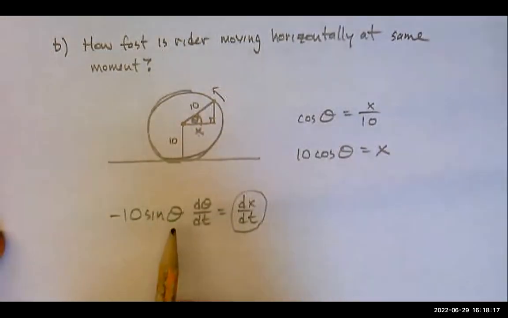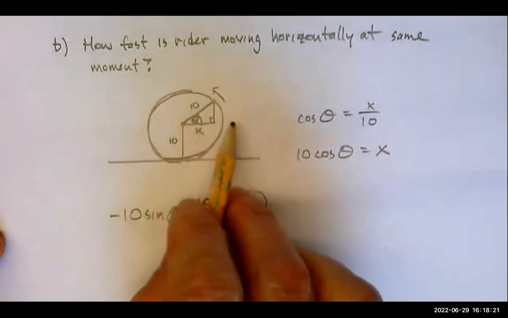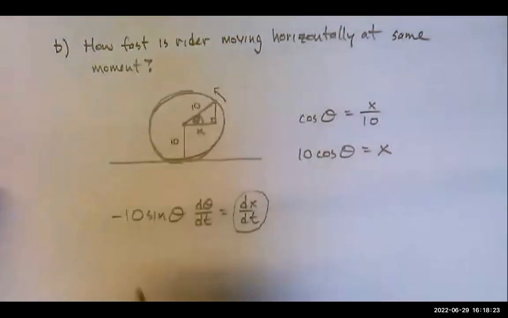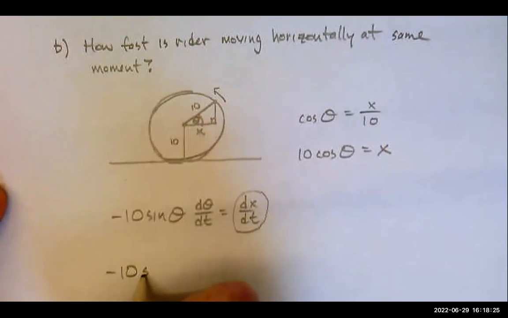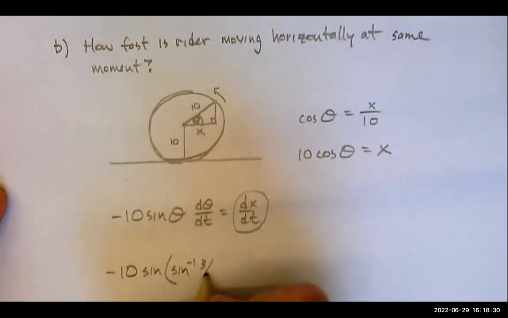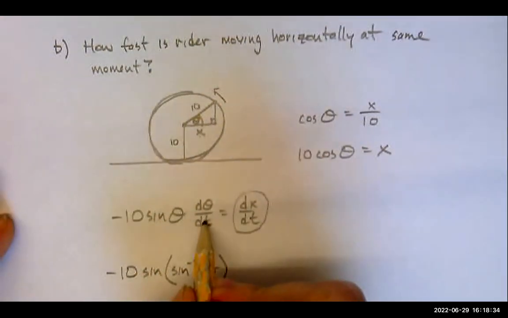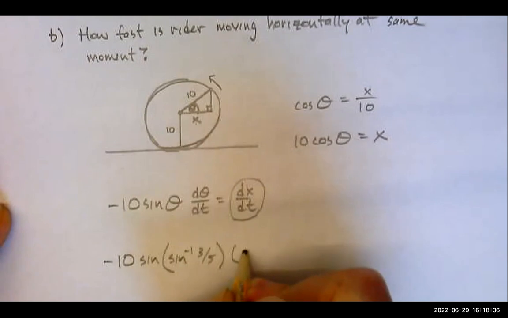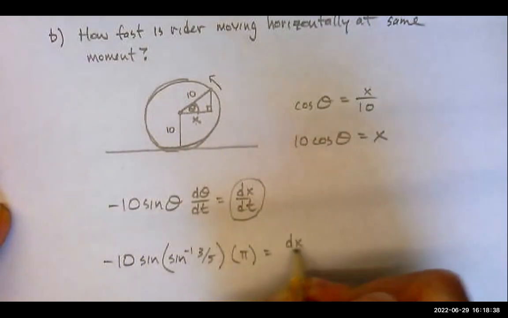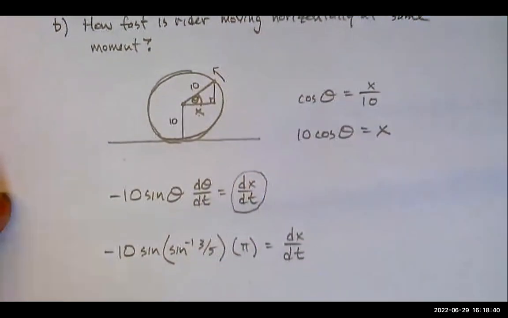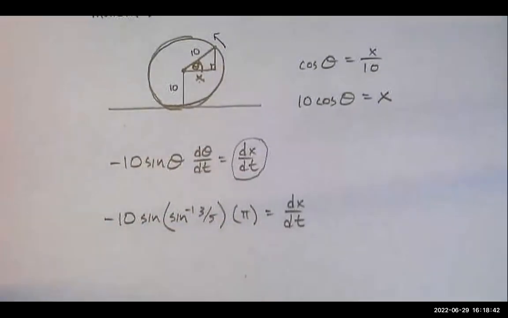We already know the value of theta and d theta over dt for the same moment. We can just put those right in from our work before. Theta was inverse sine 3/5. D theta over dt was pi.